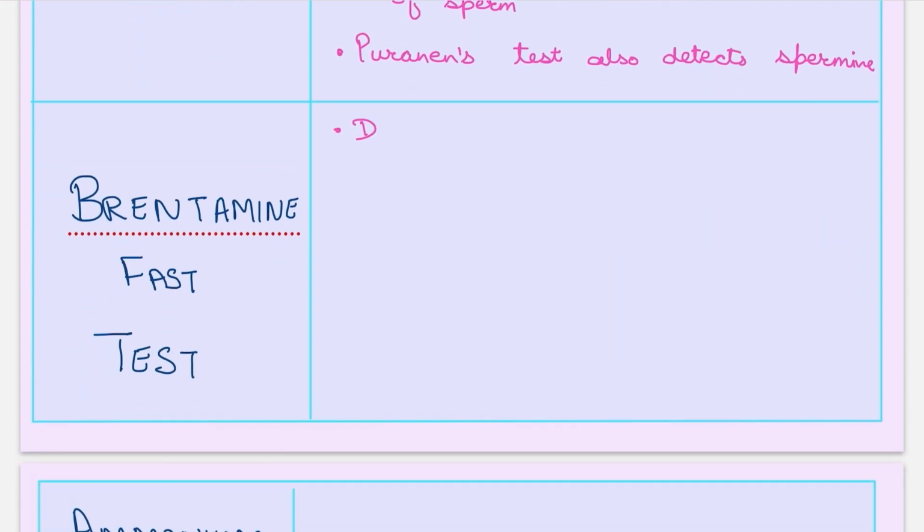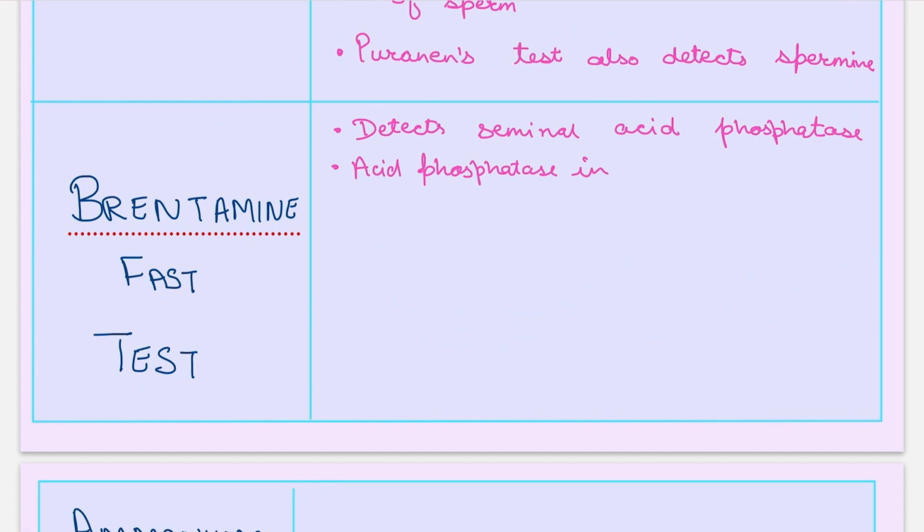The next test we'll talk about is the Brentamine fast test. It detects seminal acid phosphatase. The acid phosphatase in semen is 500 to 1000 times more than in any other body fluids.